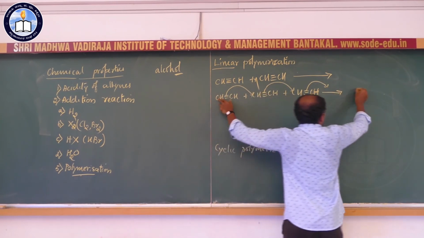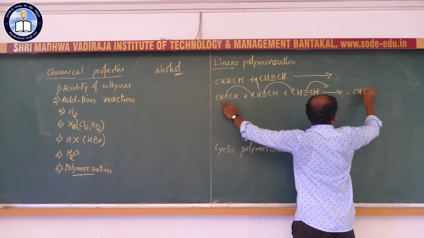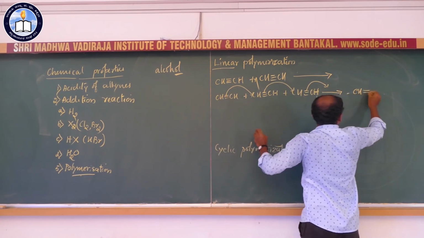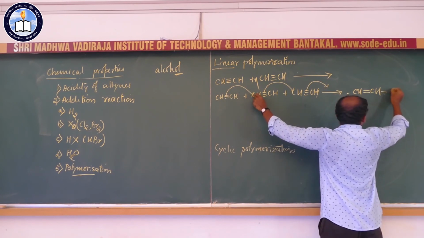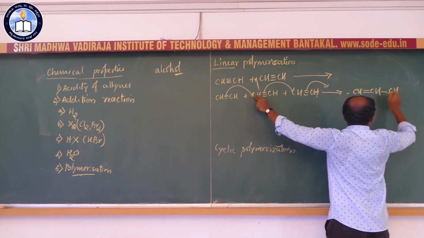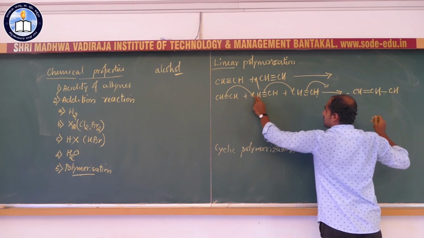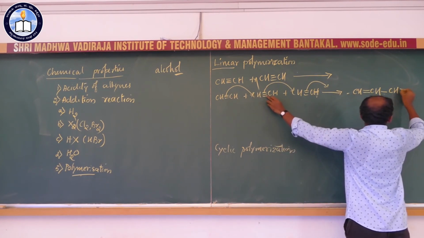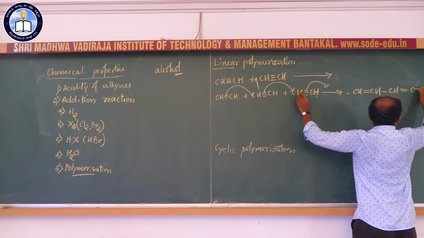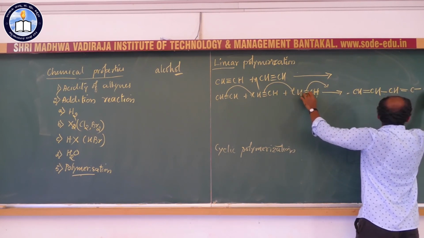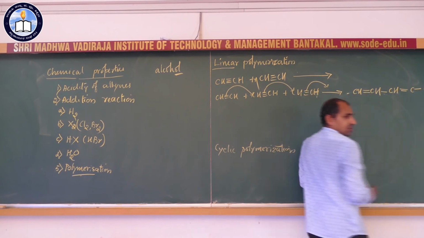So the structure is CH, triple bond converted into double bond. Now this carbon is attached to another molecule, so we get a single bond between these two carbon atoms. Now the triple bond is converted into double bond. Again, there is a new bond between these two carbon atoms. This triple bond is converted into double bond likewise.